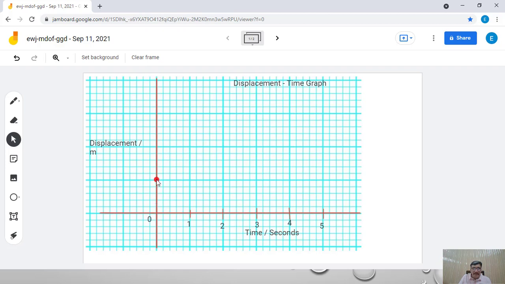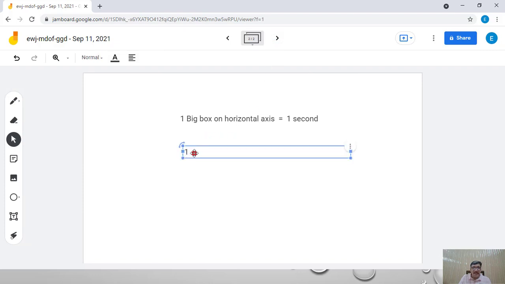So instead of taking one big box on vertical axis equal to 10, I will say that one small box is equal to 5 meter, or you can say that two small boxes on vertical axis is equal to 10 meter. So here it will be 10, 20, 30, 40 and 50. While marking the points of the range of data, you must set the scale. If you select the scale appropriately, there are very few chances of mistake.